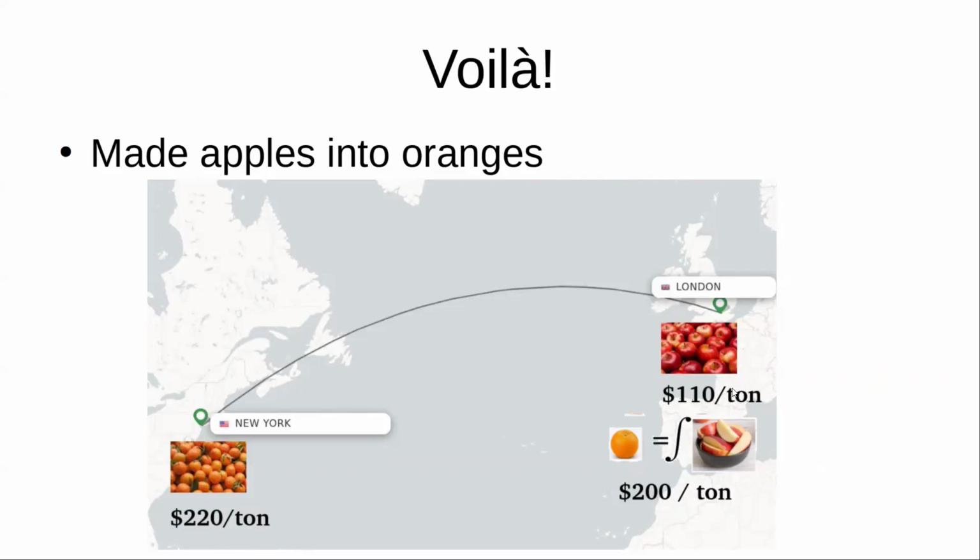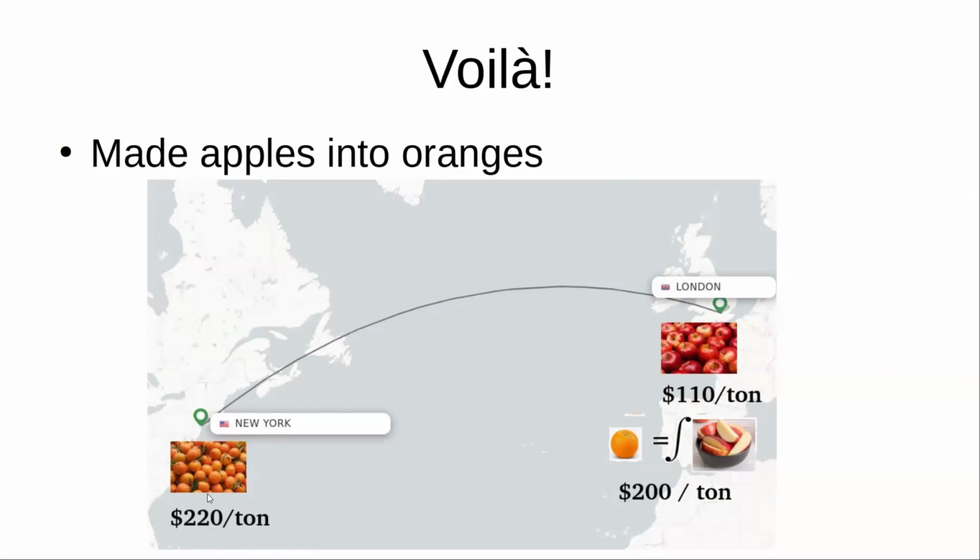But if we apply this technique of taking slices of apples over the time of the option, let's say the option has a maturity of 1 month or 1 year, and each day or each month we do this integration, we calculate that the cost of the orange that we will create out of apples will be 200. So then we have an arbitrage.